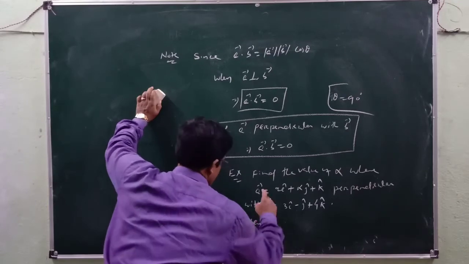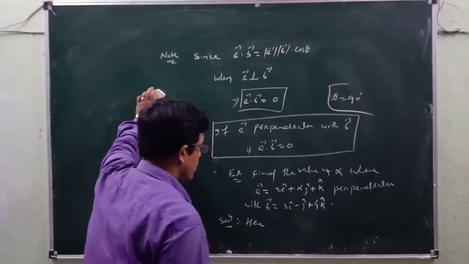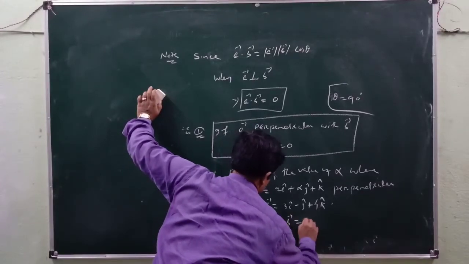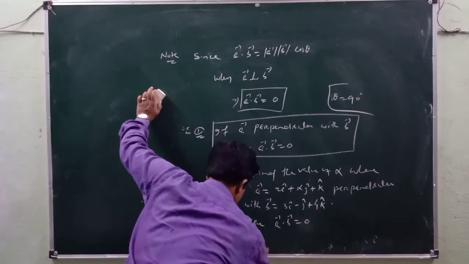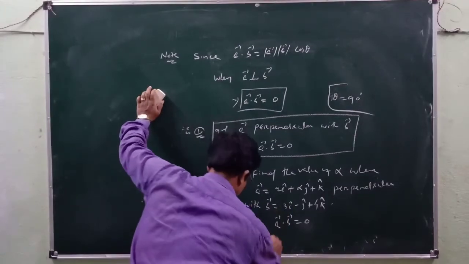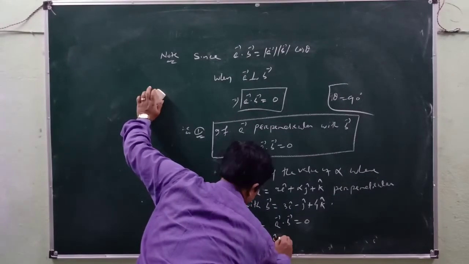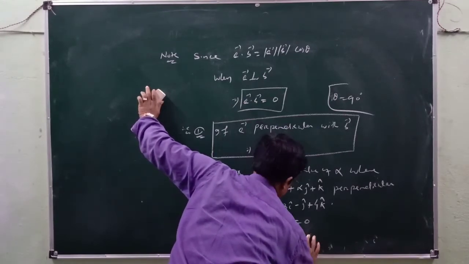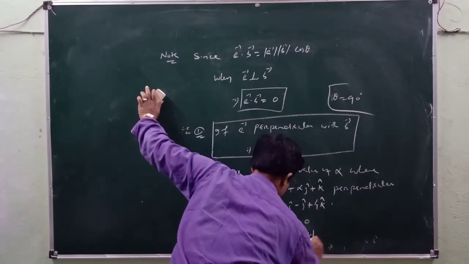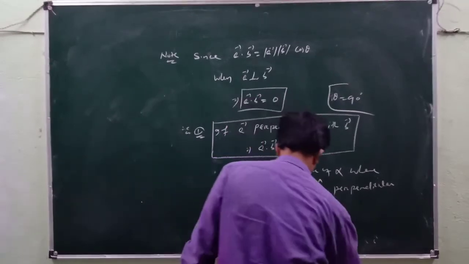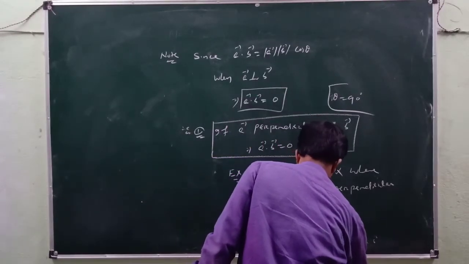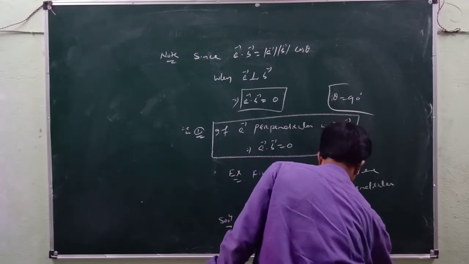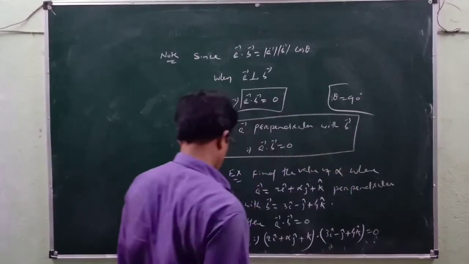In our solution, since A and B are perpendicular, you will get A vector dot B vector equal to 0. That means A vector 2 I cap plus alpha J cap plus K cap, dot B vector, in place of B vector write 3 I cap minus J cap plus 4 K cap, equals 0.